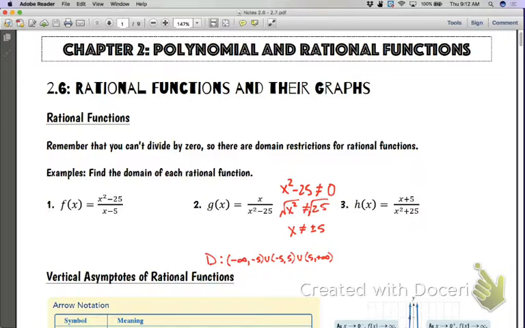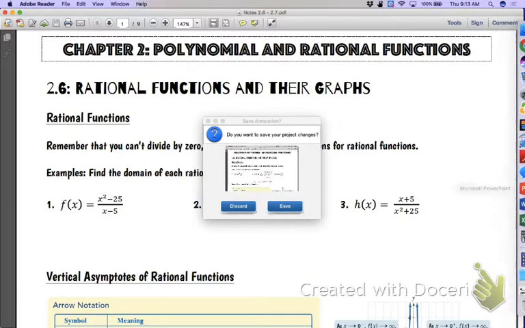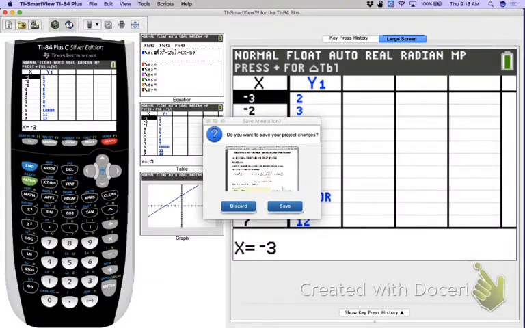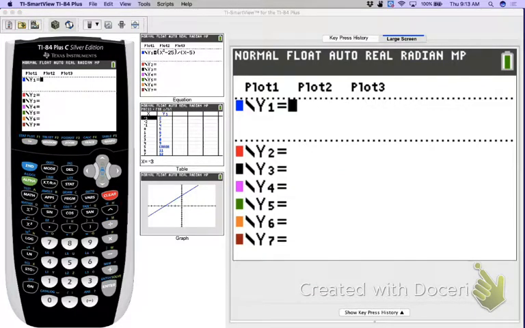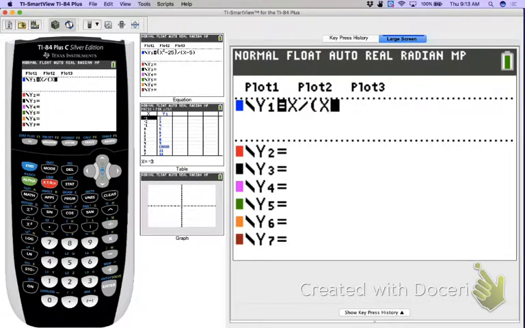So if I have x divided by x squared minus 25, so what do I have? x on top, divided by x squared minus 25.